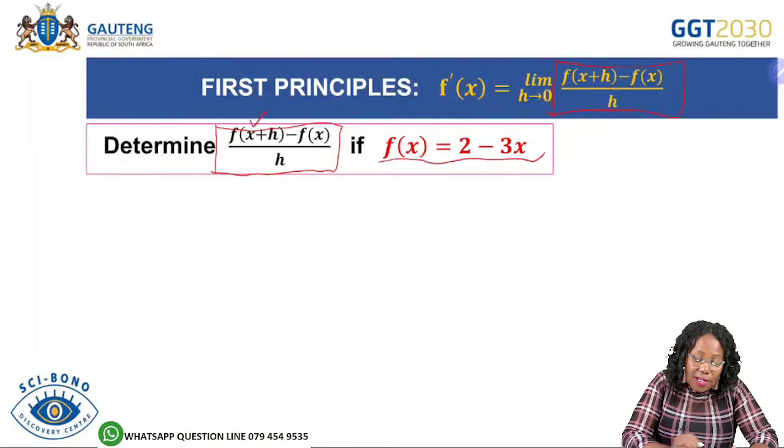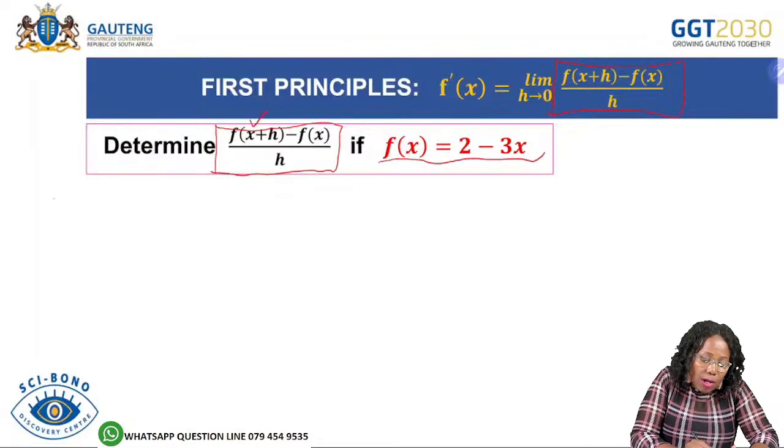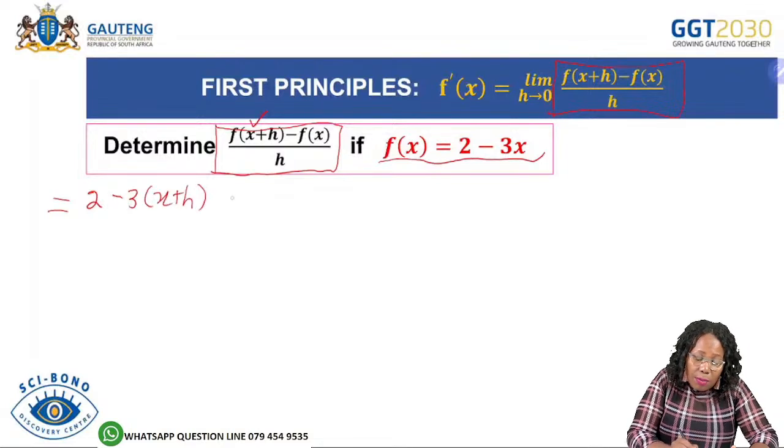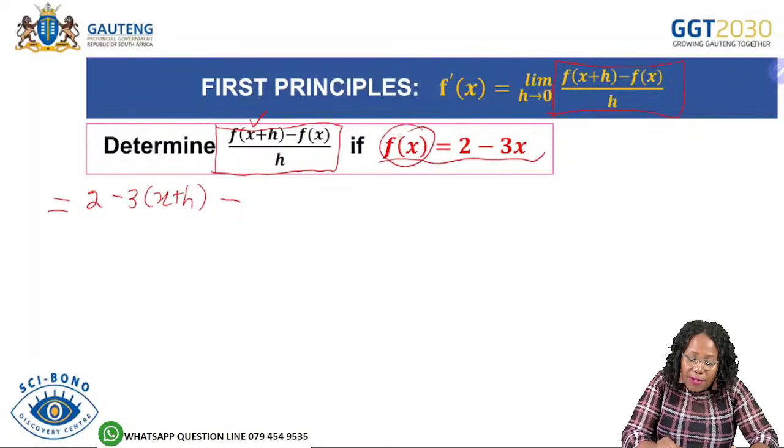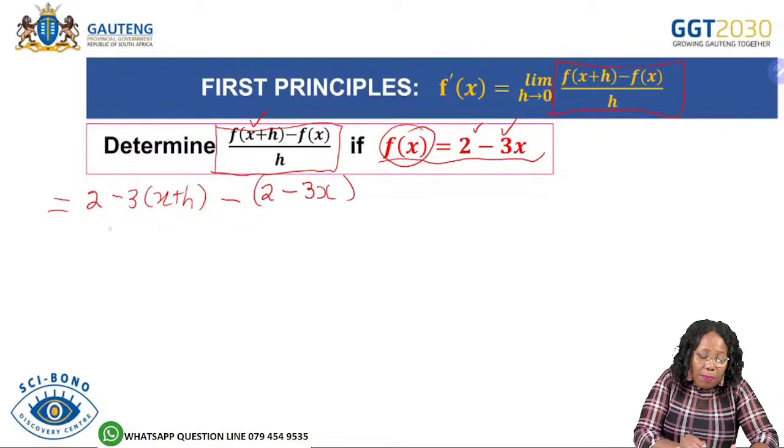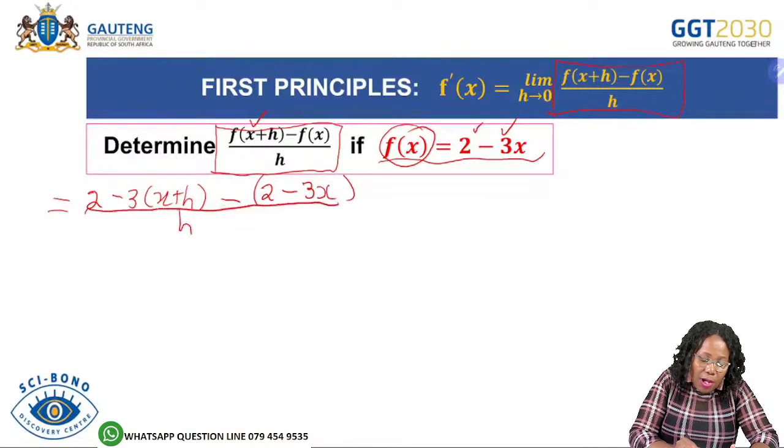So what is f(x + h)? We are going to substitute where we have an x with an x plus h, minus, what is our f(x)? f(x) is 2 terms, then we put a bracket, 2 minus 3x, same procedure that we did above. But in this case, we are dividing the whole thing now by an h.